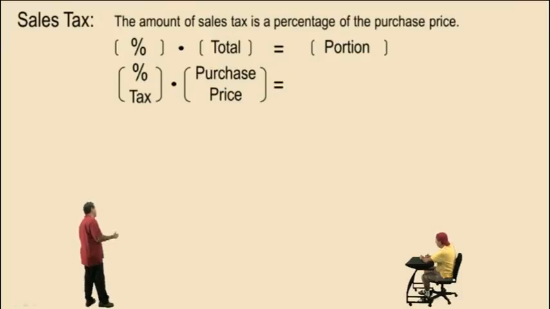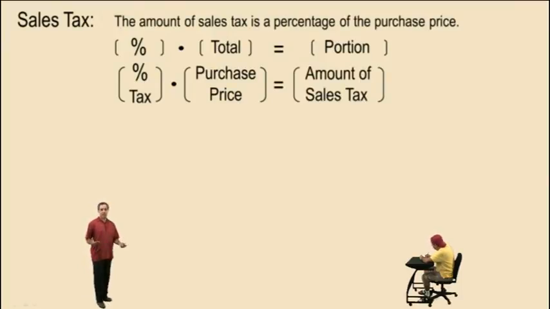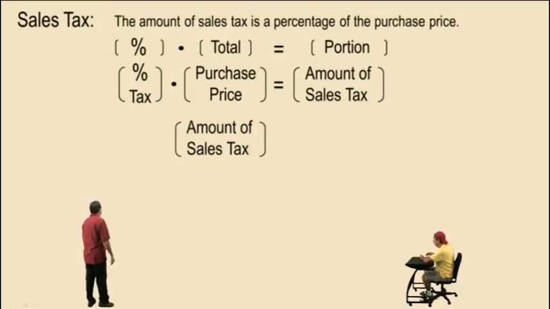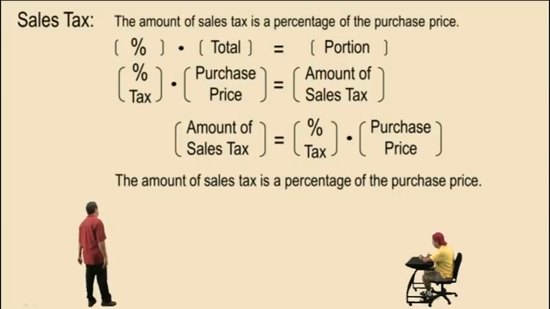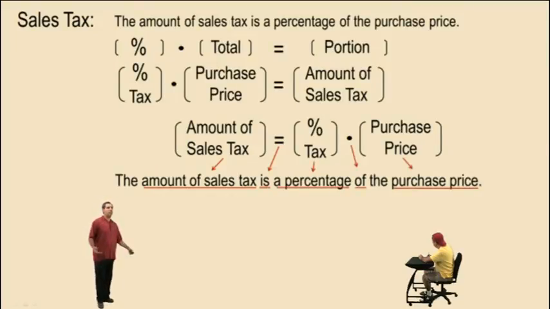And the portion is the amount of sales tax. Therefore, to calculate the amount of sales tax, you simply multiply percent sales tax times the purchase price. If we translate that equation into a word statement, here's how it reads. The amount of sales tax is a percentage of the purchase price, and that's it.